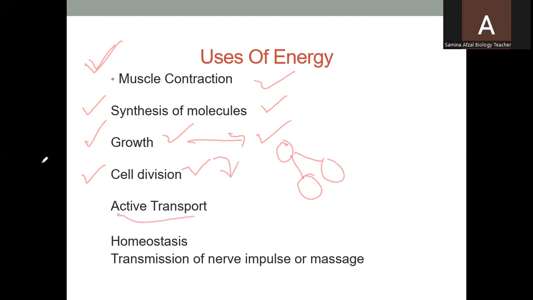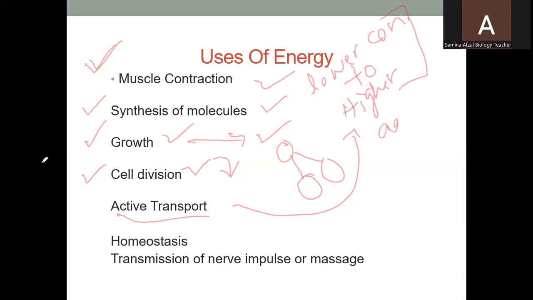Active transport: the molecules and ions move from lower concentration towards higher concentration, or we can say against the concentration gradient. If they are moving against the concentration gradient, again energy is used or energy is required.